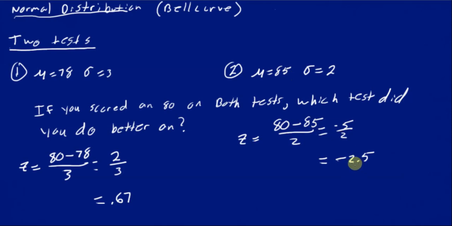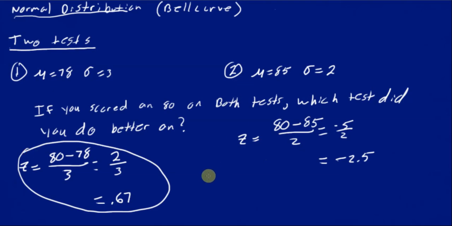That's actually quite far below the mean. So we did much worse on this test than we did on this. So you did much better on test 1 than you did on test 2, relatively speaking to the rest of the class. You scored an 80 on both. You might be happy with that, but you really shouldn't be happy with this 80 because just about everybody else scored better than you.